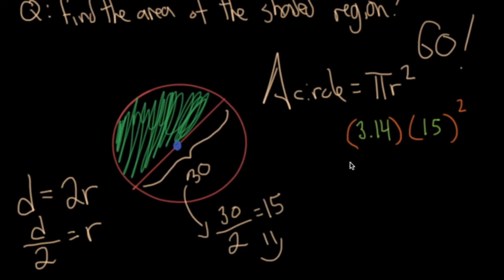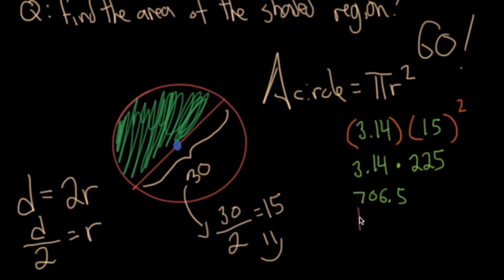And I end up getting 3.14 times 225. So you can see why we have calculators now. And my final answer is 706.5. Or is it? Dun dun dun.